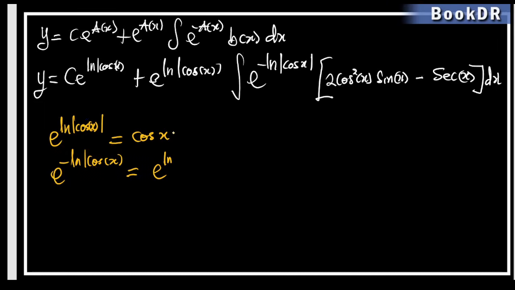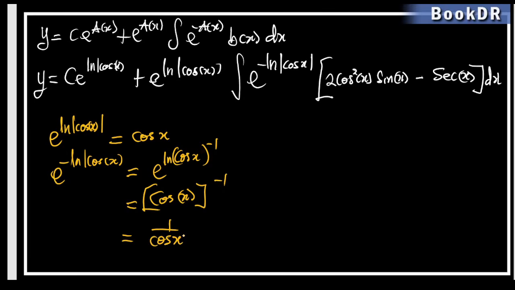When the ln and the exponential function cancel out, we are going to have cos x all raised to the power −1, or otherwise 1 over cos x, which can be written as sec x.